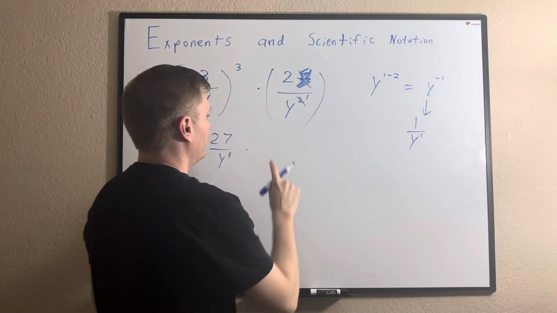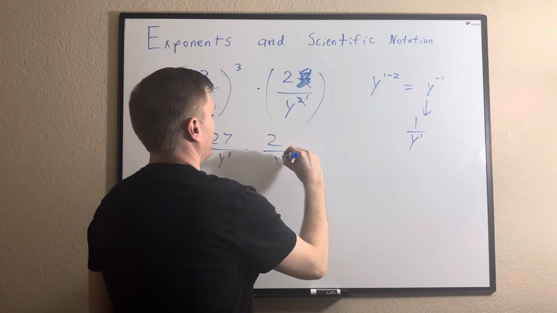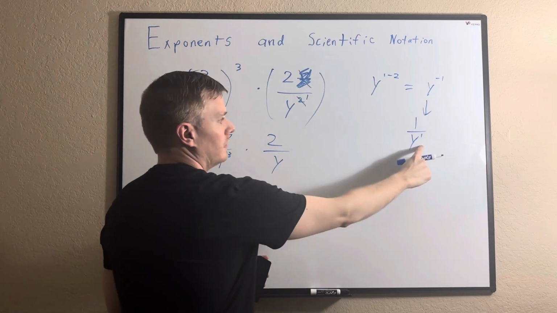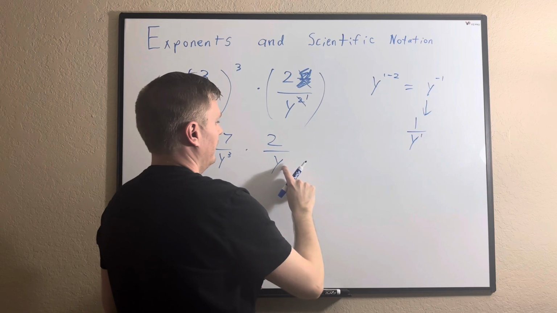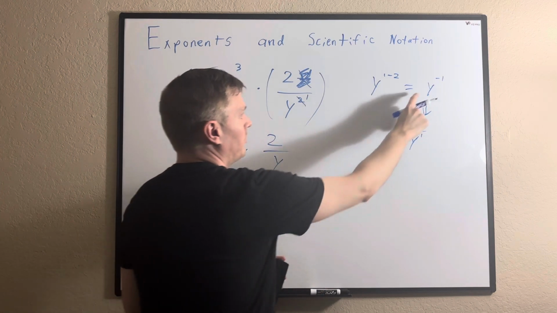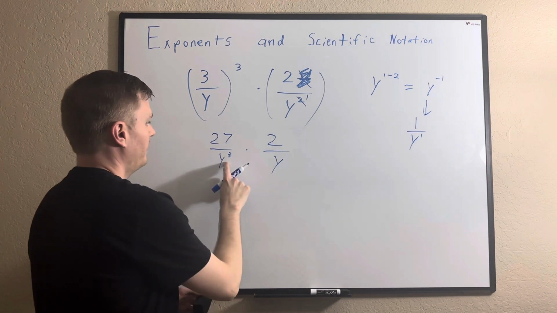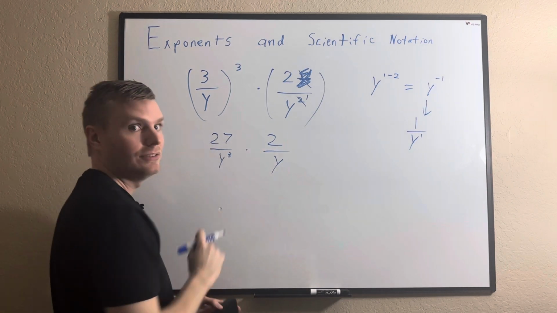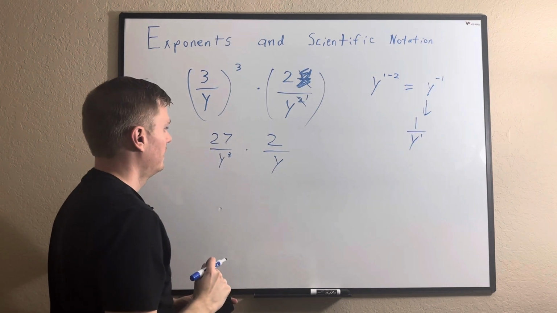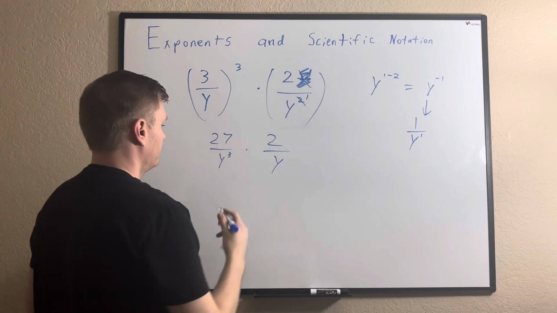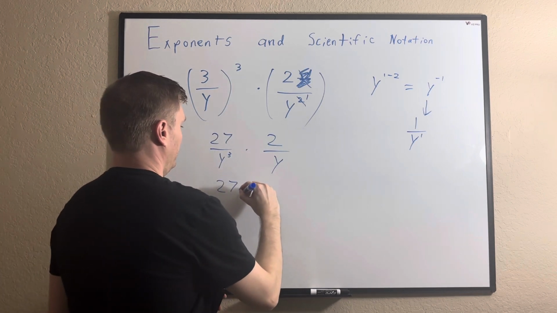So we're still left with the 2 over y. If I moved that back up to the top, it would be y to the negative 1. If I move this up to the top, that would be y to the negative 3. Why don't we do that? Just to have fun.